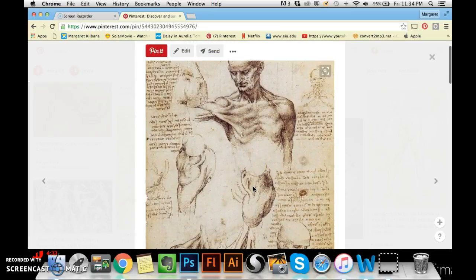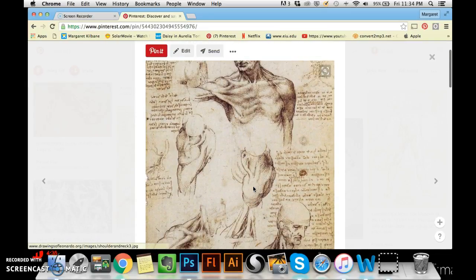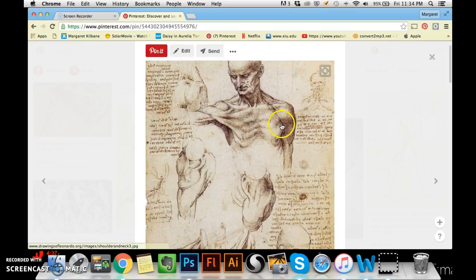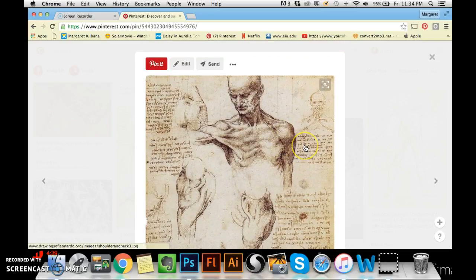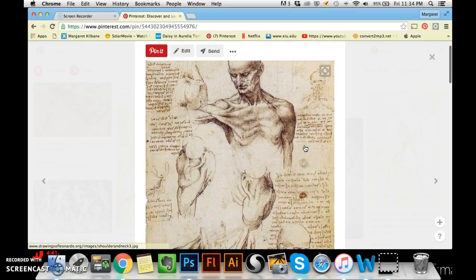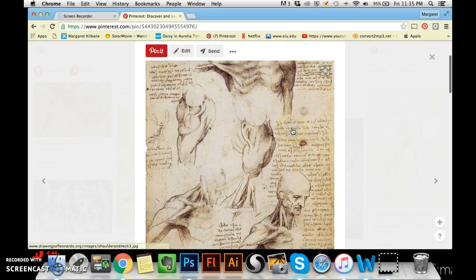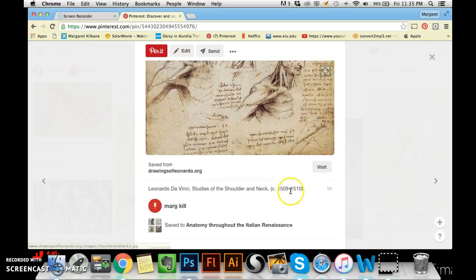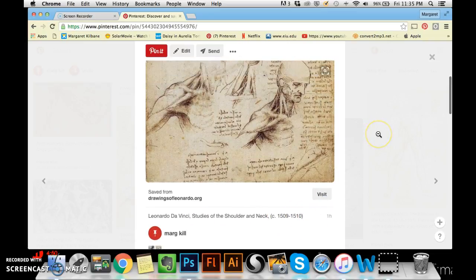This one is a study of the torso and arm area, and it's highly detailed, and it shows a lot of the muscles, and right here is some of the skeletal system. And that was done in 1509.